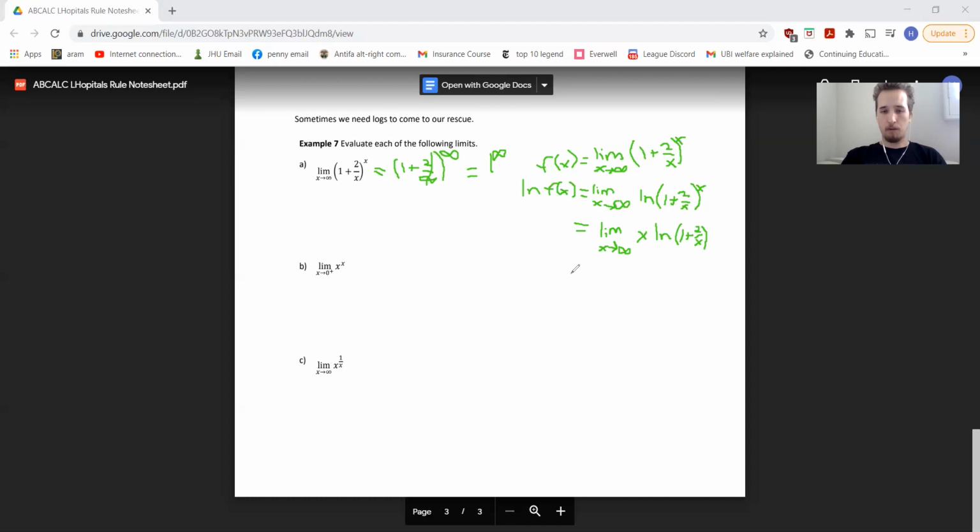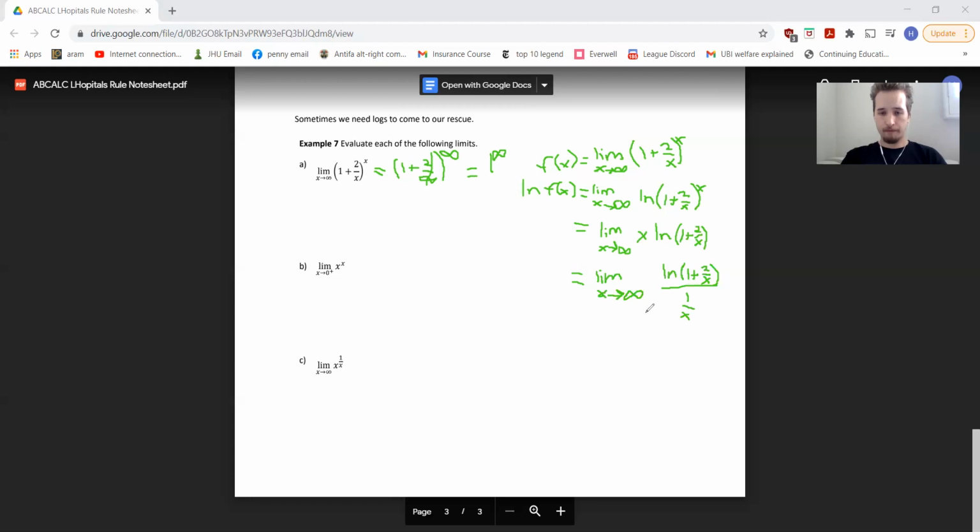Well, that's when we can put the x in the denominator. So if we have an x in the numerator, we can place a 1 over x in the denominator.